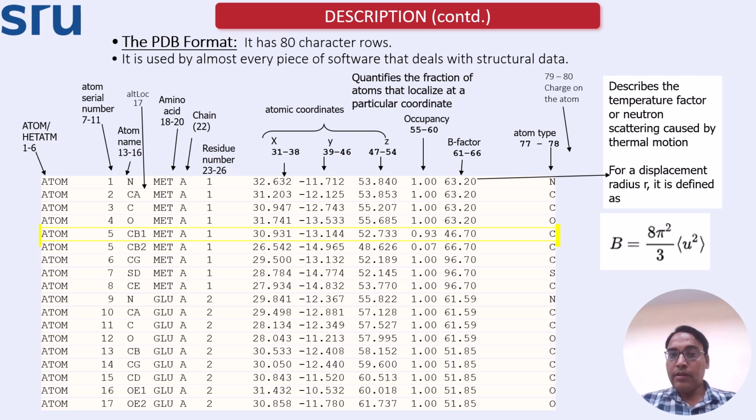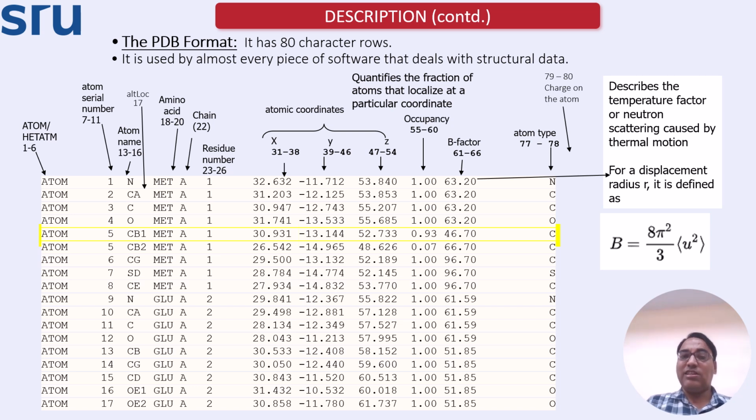And what is the probability that the atom is exactly found at that place? Occupancy is 1 here. Always it is found at exactly the same place. See here, 0.9307. Two positions are there, C beta 1 and C beta 2. Now if I ask you which one you will consider, of course the higher one. You will take C beta 1. I'll take this part to be correct and delete the other line.